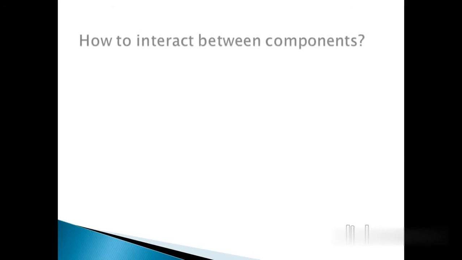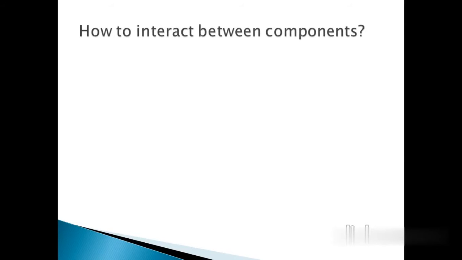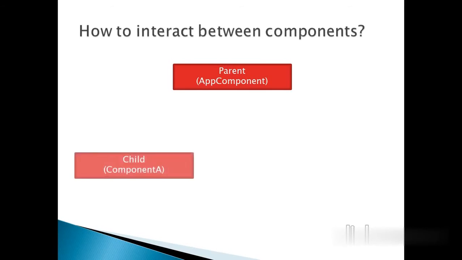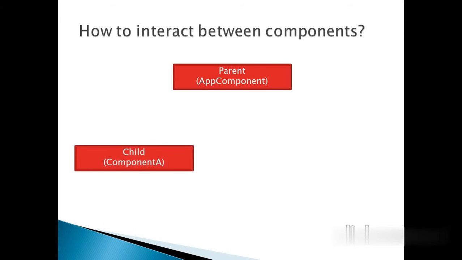So how can we interact between the components? Let's suppose we have one parent component, that is called app component. It has one child, that is component A, and another child, which is component B. Now, if the parent wants to send data to a child component, or the app component wants to send data to component A, how can I do that?